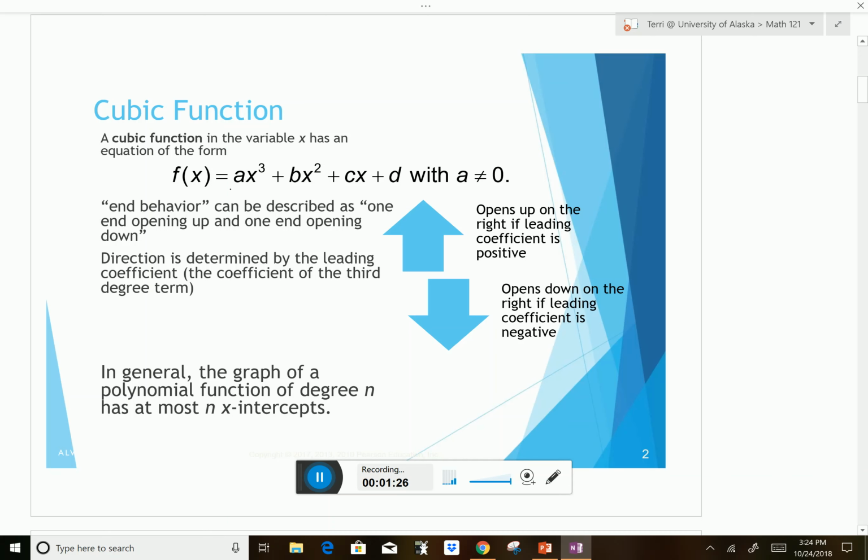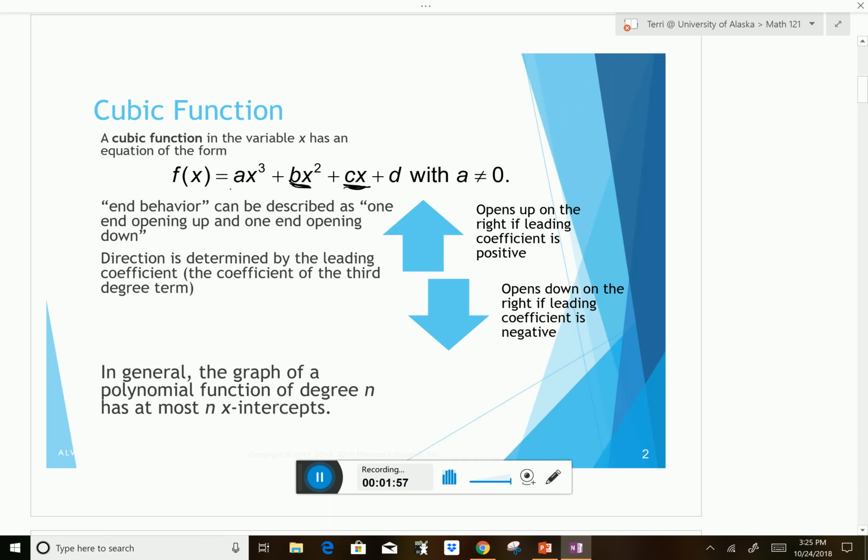But if it has an x squared term and an x term, it usually has a different shape unless it can be written as something like x minus h cubed plus k. And in that case, we can just graph it like this. However, most cubic functions cannot be graphed like that.